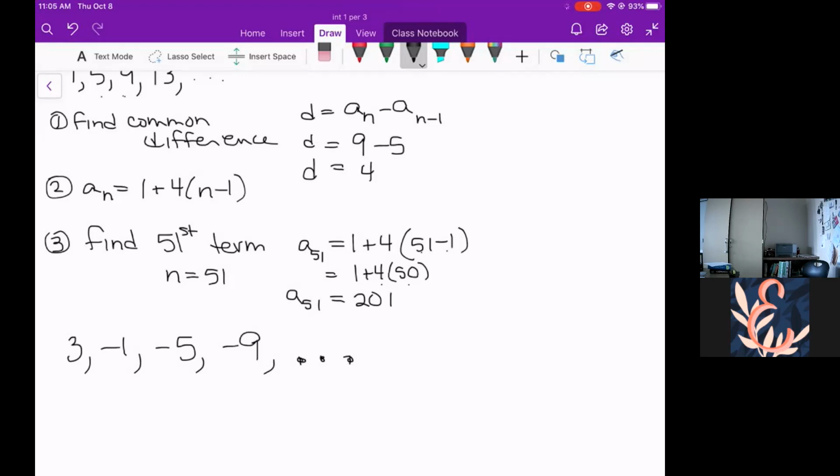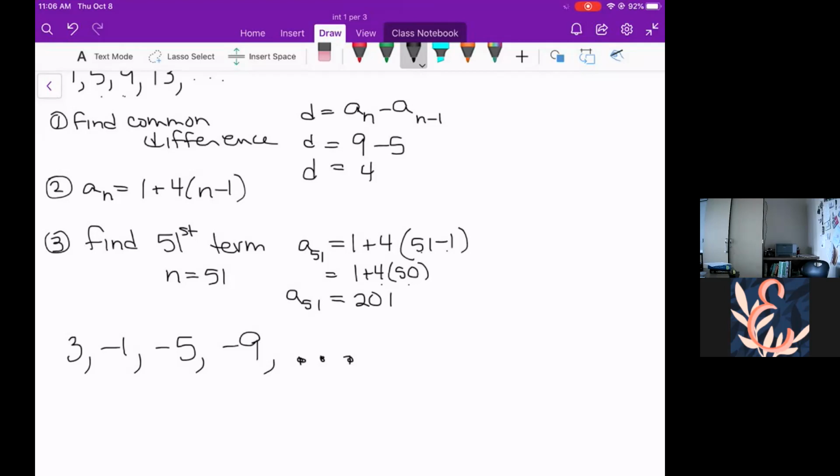AJ, can I see it? Okay, hold on. So what's your common difference? I got your negative 4. Now write your equation. So it's the first one plus your negative 4, parenthesis, n minus 1.